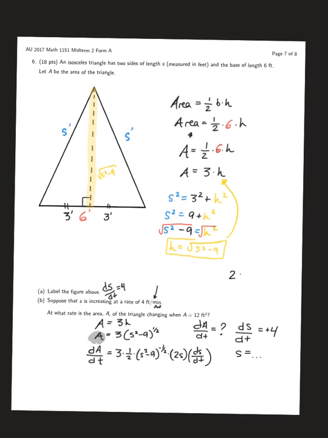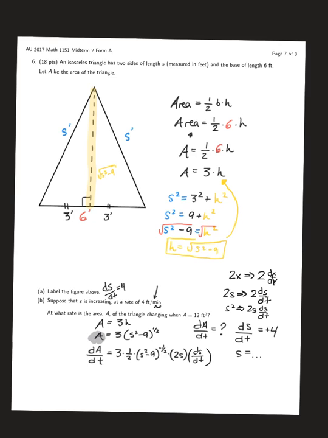The derivative of 2x with respect to x would just be 2, and again it would be dx over dx, but that cancels out. If we're deriving s with respect to time, the derivative of 2s would be 2 ds/dt. So here we have s squared, the derivative is 2s ds/dt.